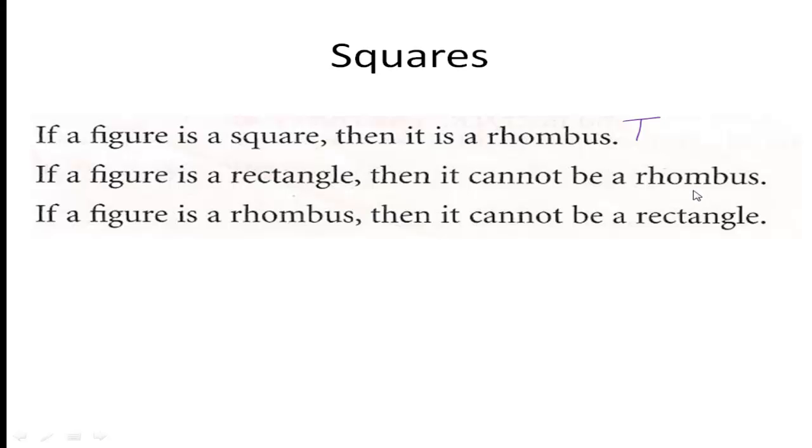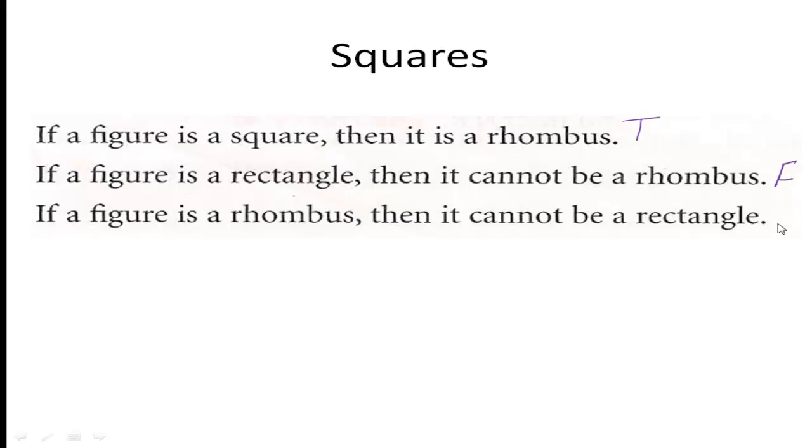And the definition of a rhombus is that all sides are congruent. We know that for a rectangle, all sides are not congruent. We have opposite sides congruent, but not all sides congruent. Therefore, a rectangle cannot be a rhombus because it would have to have all sides congruent. Okay? So this is false.